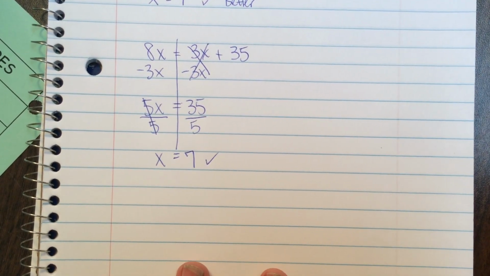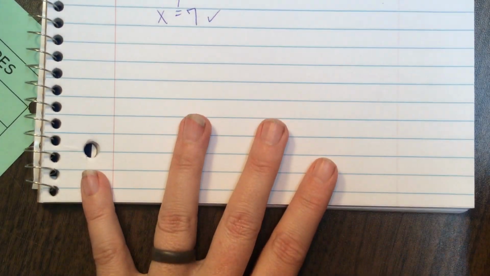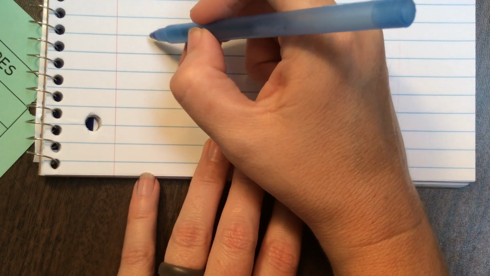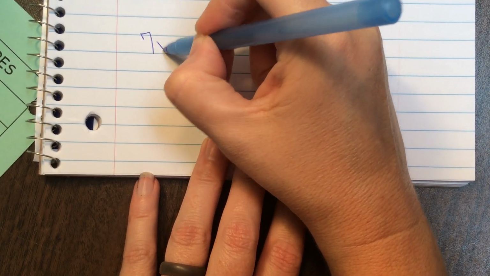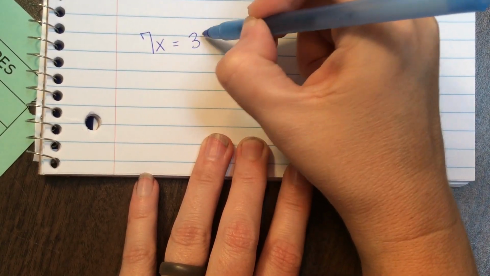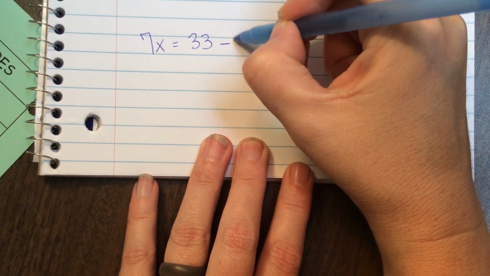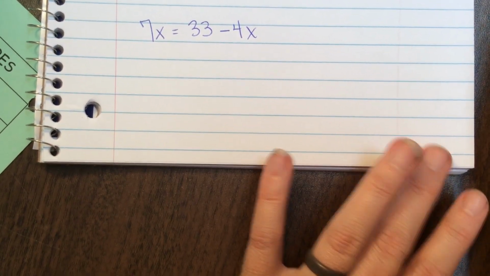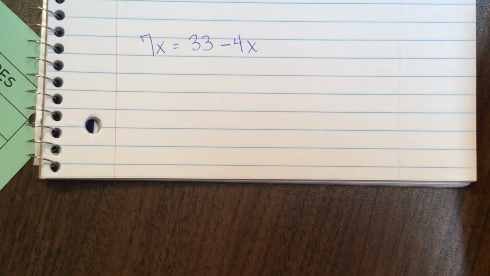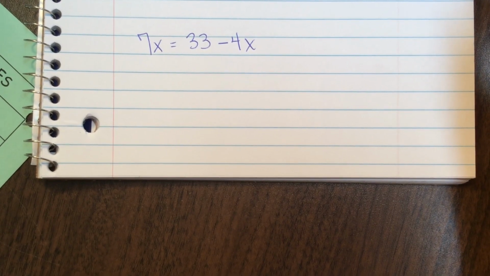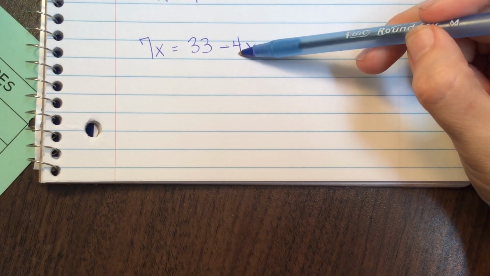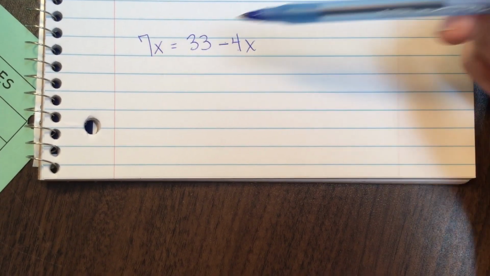Let's try another one. Let's do 7x equals 33 minus 4x. Okay, this one's a little different. Now I want you to think, which one's smaller, negative 4x or positive 7x?